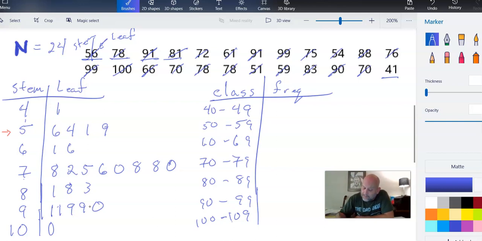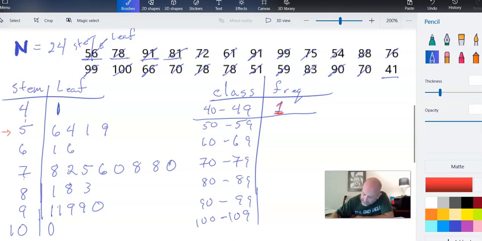But now, the frequency we're talking about, whenever we're looking at a frequency, is basically how many times we get a data value that falls between these two numbers here. So how many data values do we have that fall between 40 and 49? Well, I have 41, right? That's the only one. So that means my frequency here is 1. Let me put it in red.